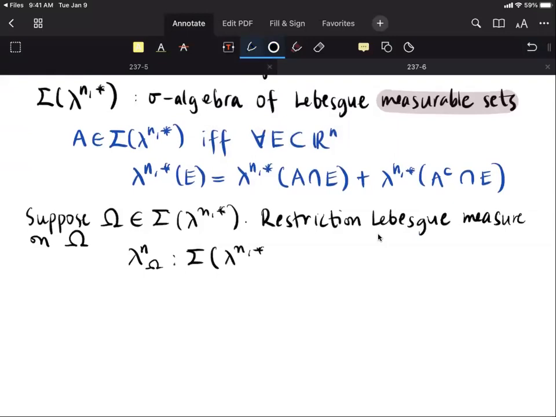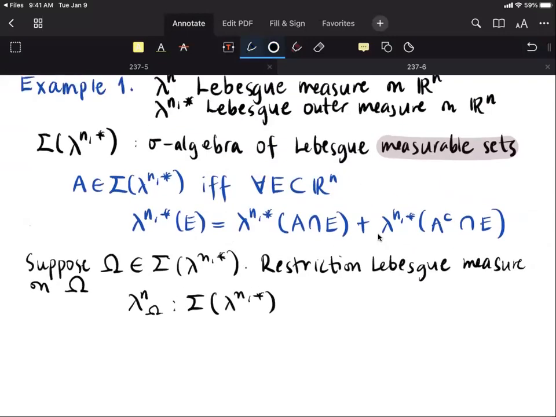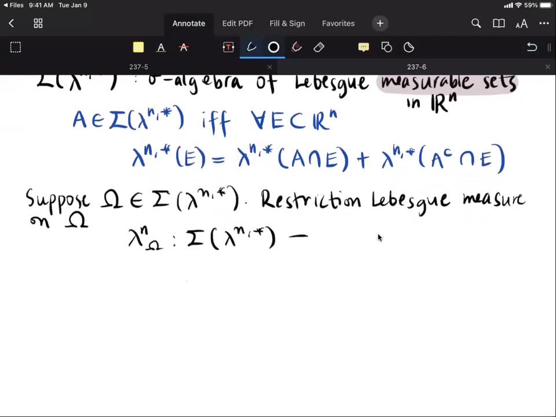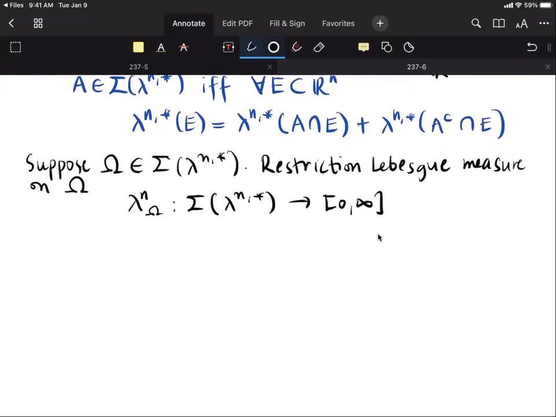It is defined on Lebesgue measurable sets in R^n, with values in 0 to infinity. So how do we take the restriction Lebesgue measure of a measurable set A?